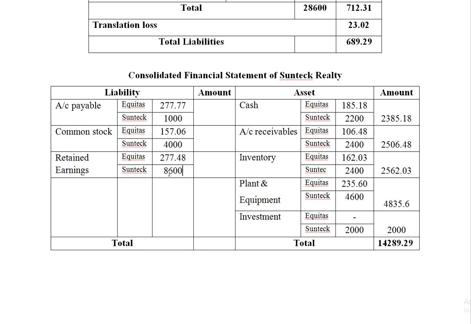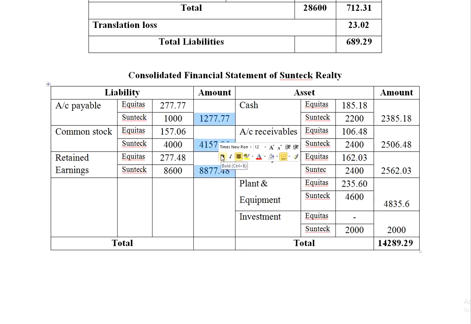So sorry, if you add this, 277.77 plus 1000, it is going to be 1277.77. Similarly 4000 plus 157.06, it is going to be 4157.06, plus 8600 plus 277.48, it is going to be 8877.48. Now add all these three things.